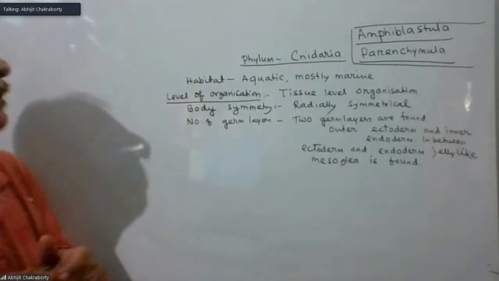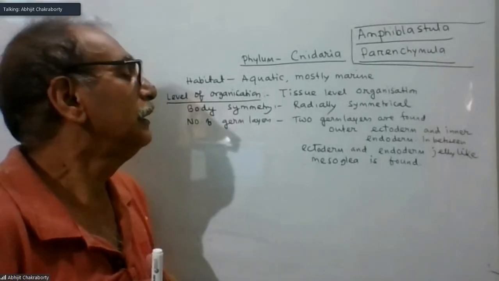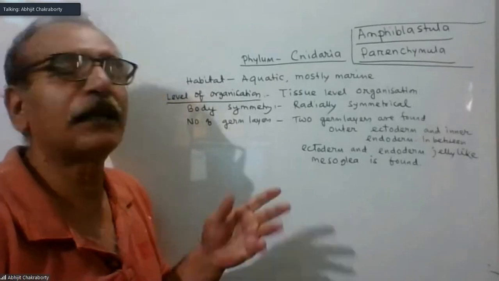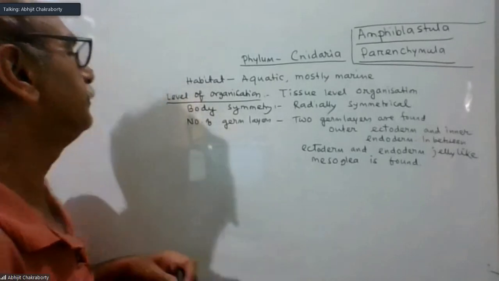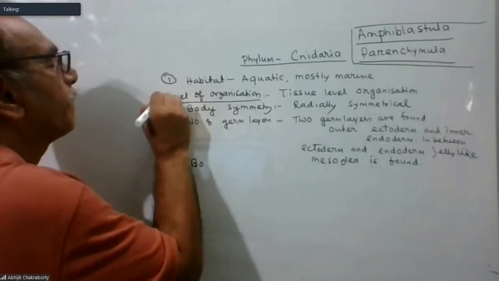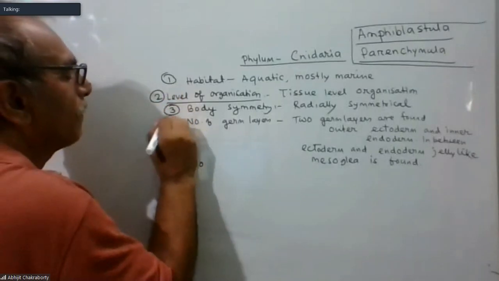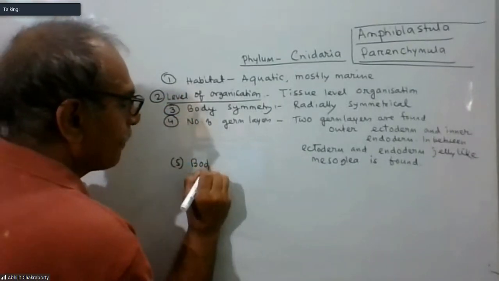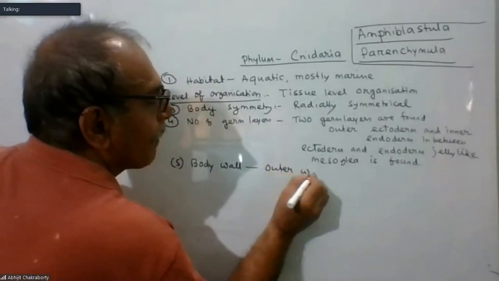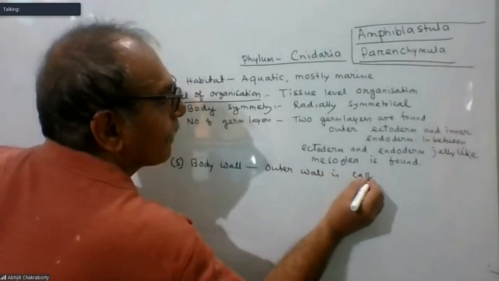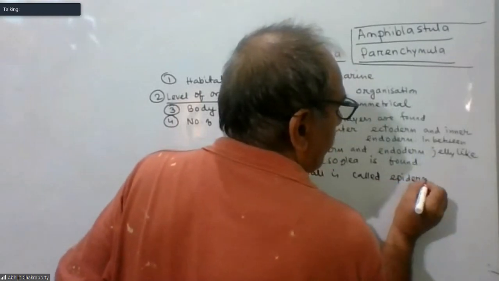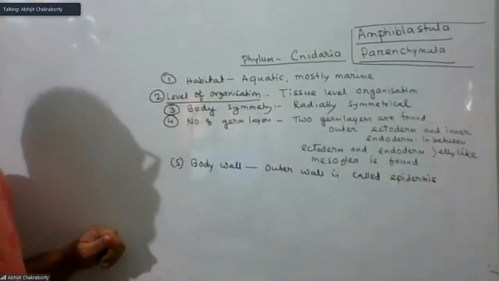Two germ layers are found, outer ectoderm and inner endoderm. In between ectoderm and endoderm, a jelly-like layer, the mesoglea, is found. Next, body wall. Outer wall is called epidermis.